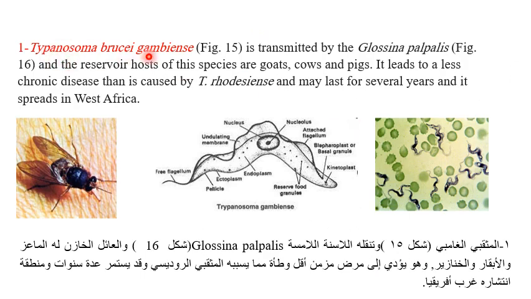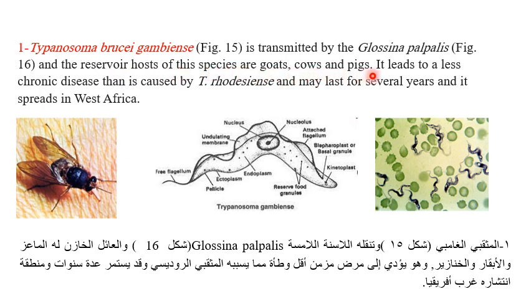First, Trypanosoma gambiense, as shown in figure 15, is transmitted by Glossina palpalis, and the reservoir hosts of this species are goats, cows, and pigs.